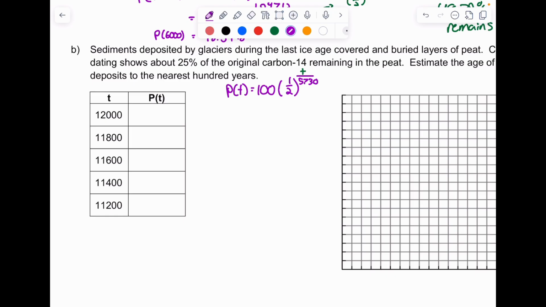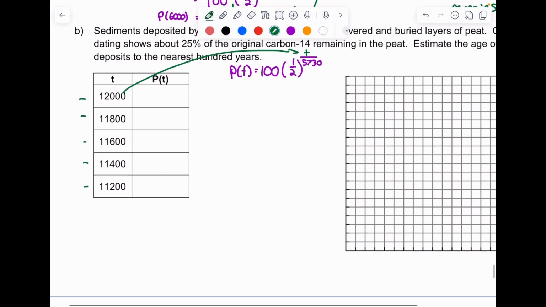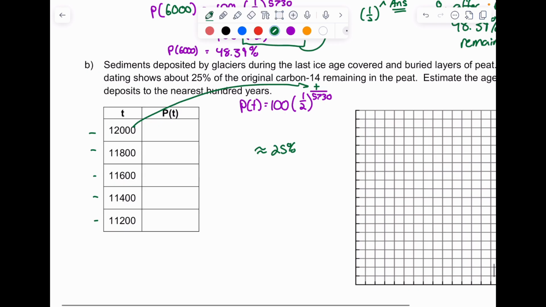So we are just going to be substituting in different values of T into this T up here. And we'll do that 1, 2, 3, 4, 5 times, okay? And what we want to find is when any one of these roughly equal 25%, okay? Because when we find a T value that gives us 25%, then we know how old it is.